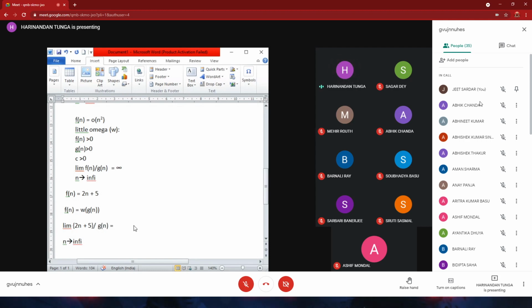Find and guess the value of gn, put the value of gn, and find the value of limit, infinity. তাহলে gn এর কোন ভ্যালুর জন্য the limit infinity হবে? Start from gn 1, at first guess 1, then n square, n cube, n to the 4 and so on. তাহলে যদি আমি gn এর ভ্যালু 1 দেই তাহলে কি হবে? Limit 2n plus 5 divided by 1.